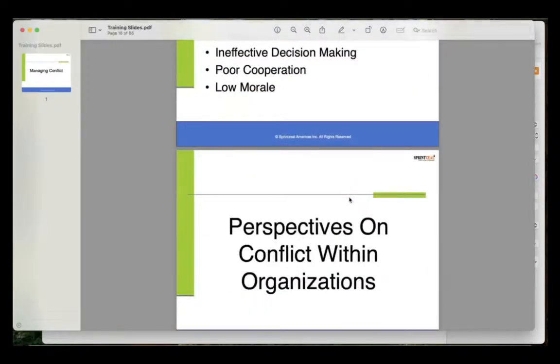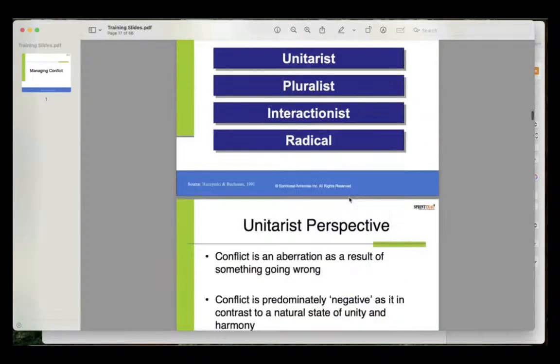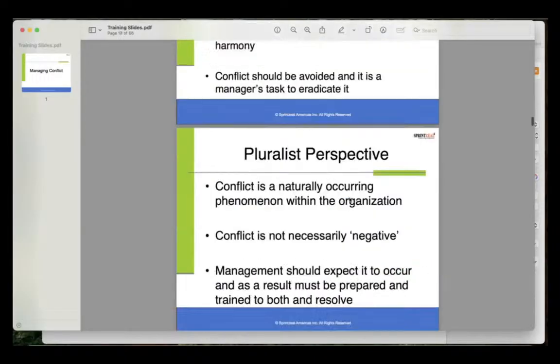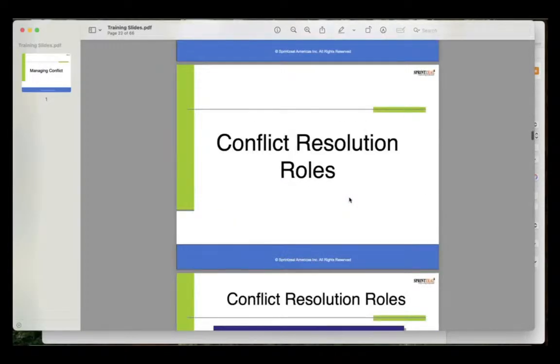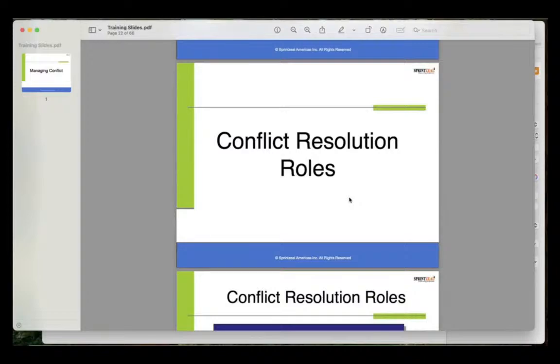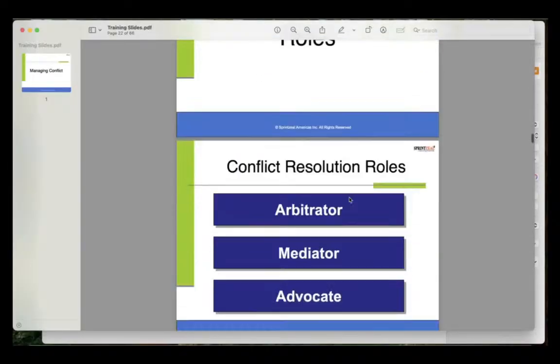Then the perspectives of conflict within organizations that we have studied. There can be different types of perspectives. Then what we have seen after that is the roles. So what are the roles in conflict? After we are done with the starting steps, we have to define the role, whether it is an arbitrator, mediator, or advocate.